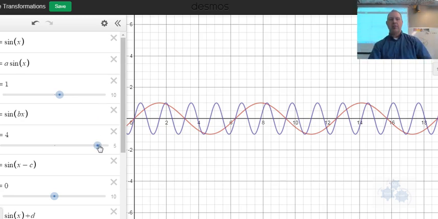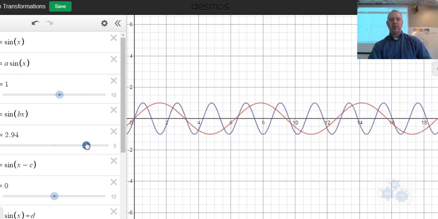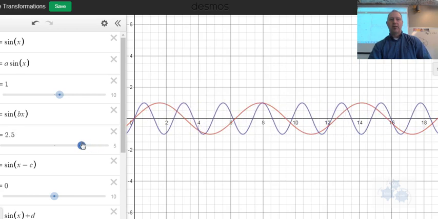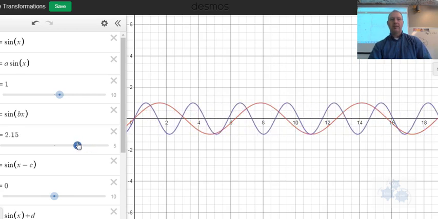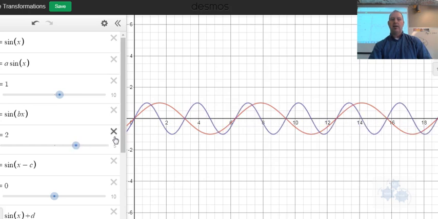Here's another way to think of the b value, and this might be easier if b is exactly 2. The red graph is just regular old sine, and the period is 6.28 radians, or 2 pi radians.